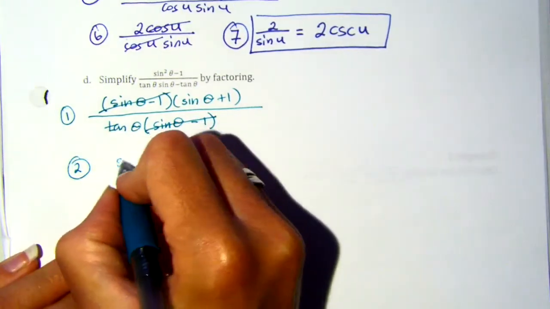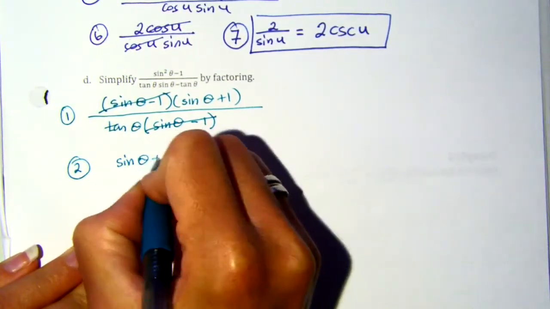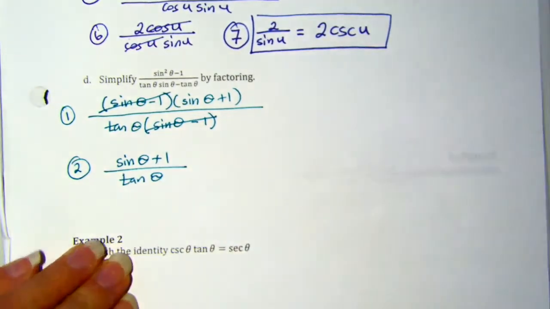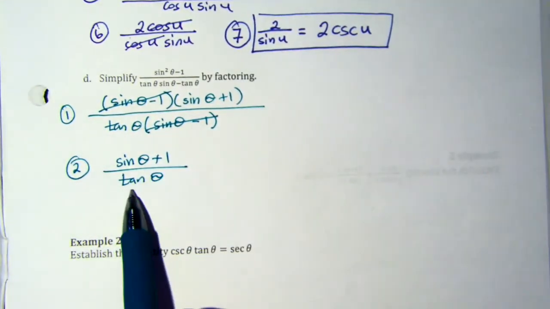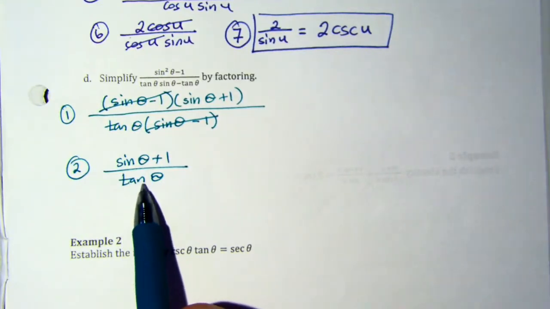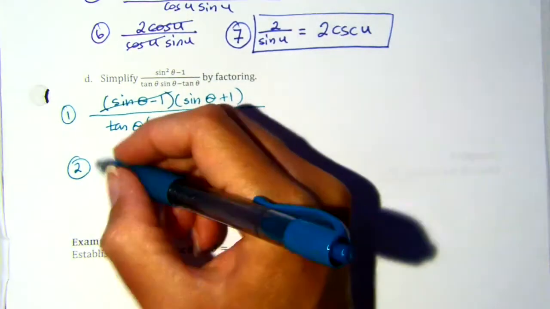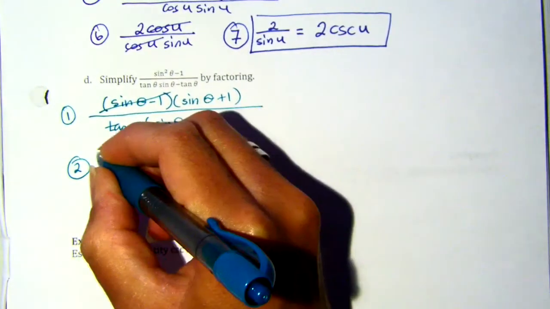We are going to be left with sine of theta plus 1 divided by the tangent of theta. We could change the tangent of theta into sine over cosine. However, that doesn't help us to simplify anything, so this is just going to be our answer.